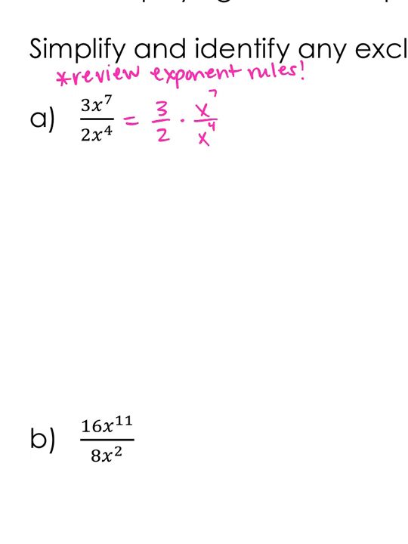So 3 over 2 does not simplify, so we're going to leave it like that. Now this x to the 7th divided by x to the 4th, this is going to be our quotient rule, which tells us to subtract the exponents.